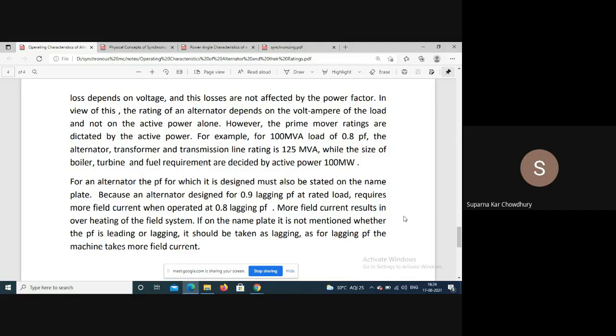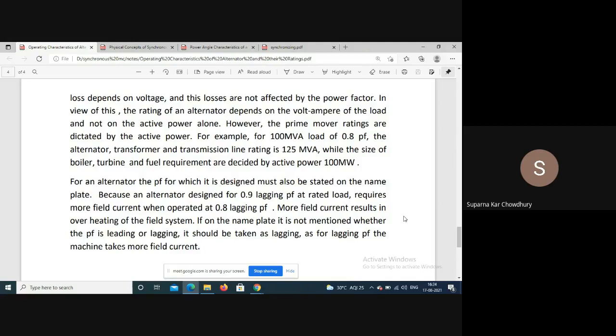The reason is that these large generators are normally star connected, because the advantage of star connection is that the neutral is available. If the neutral is available, we have two levels of voltage available, and the neutral is available for grounding. So normally all large generators have a neutral which is grounded, so they have star connection.